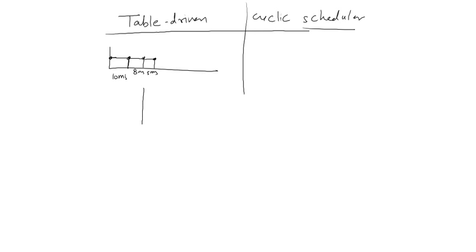Both of these types of scheduling are static scheduling. We already know the arrival time of the tasks, and those are periodic, so we know the period and all the other information about the tasks.